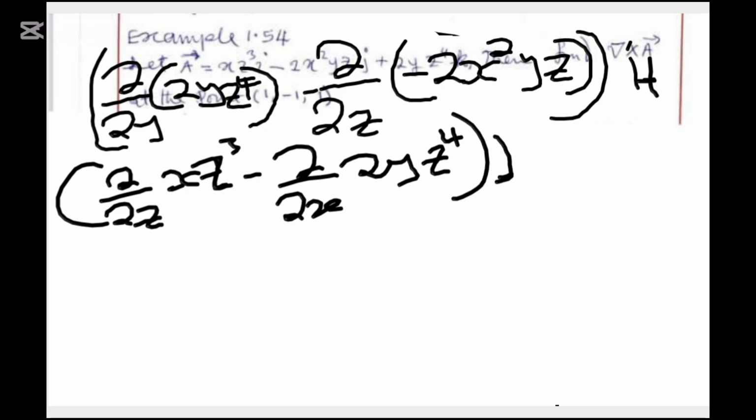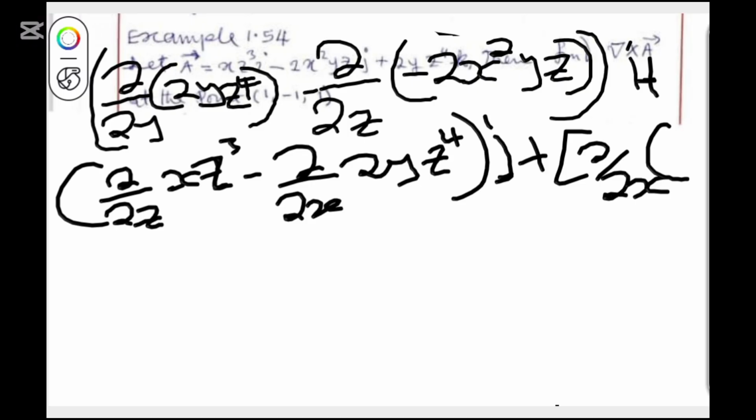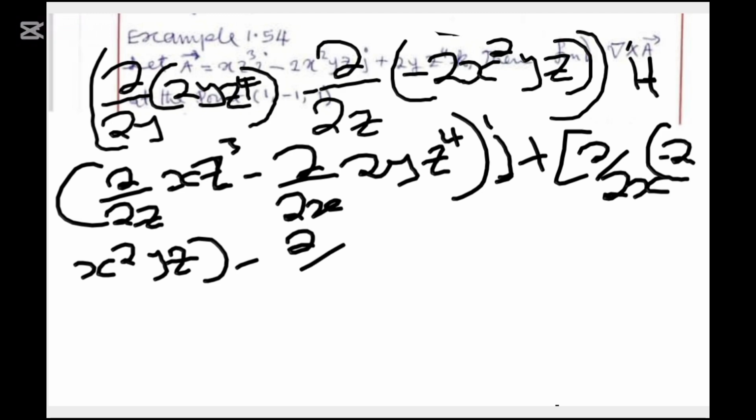So I'm done with the value of j. Then plus, for the value of k, d by dx, open bracket, -2x squared yz, close bracket, subtract d by dy of xz cubed for the value of k.